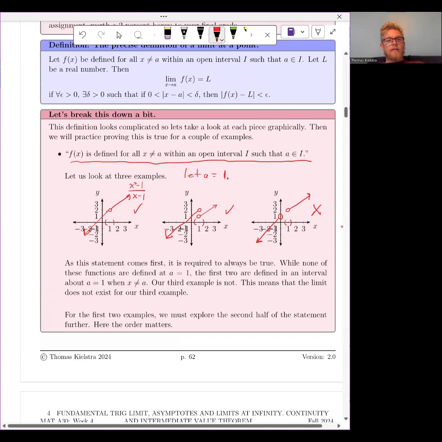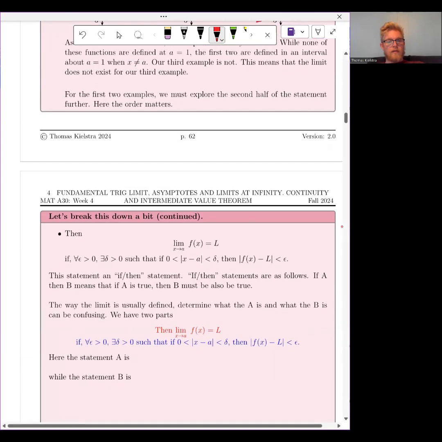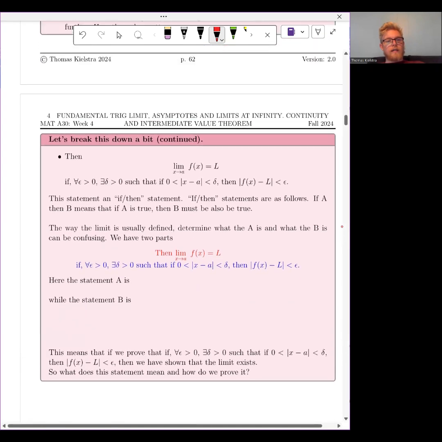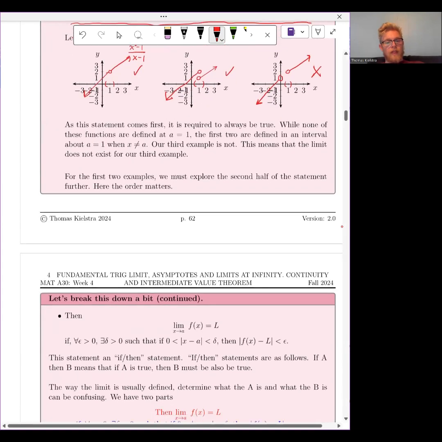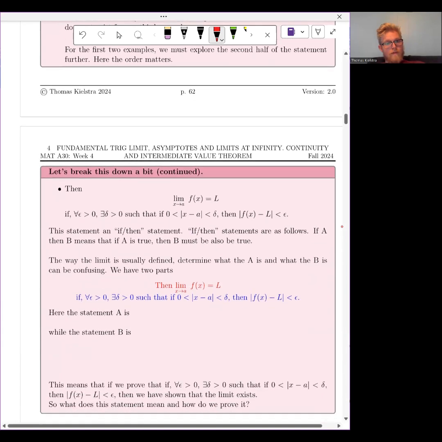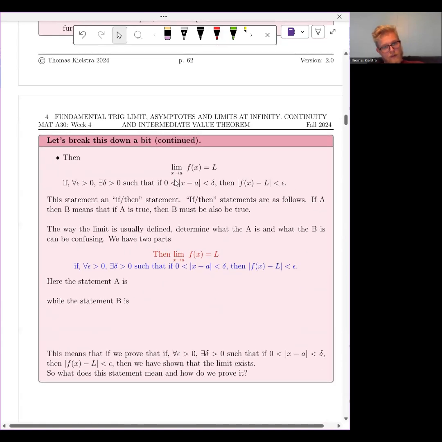So let's look at the next part. Okay. The next part is: let a be a real number, then the limit as x approaches a of f of x equals L, if for all epsilon greater than 0, there exists a delta greater than 0 such that if 0 is less than the absolute value of x minus a is less than delta, then the absolute value of f of x minus L is less than epsilon.